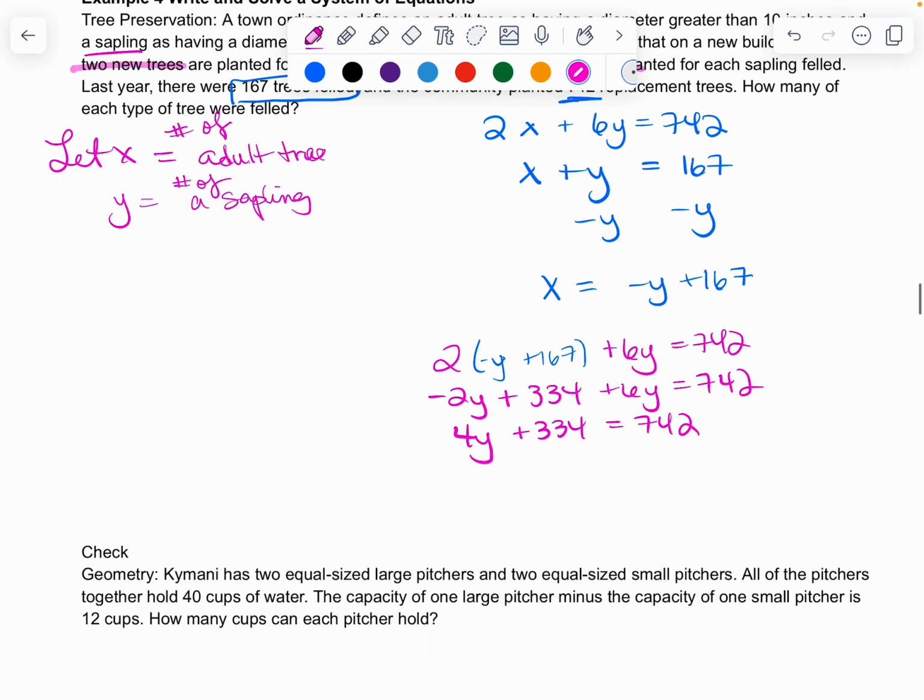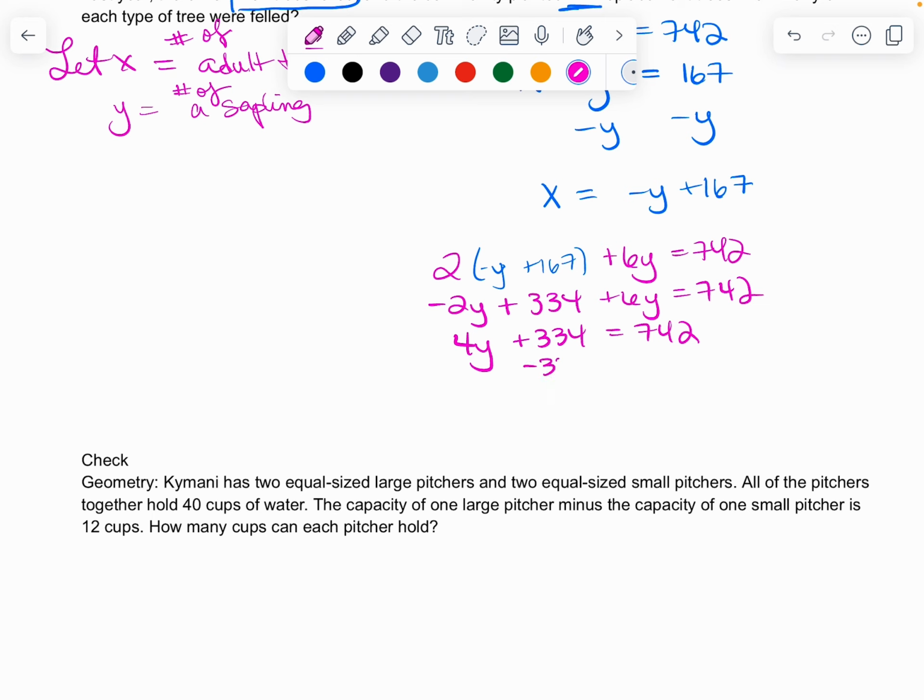Okay. Subtract 334 from both sides. And I'm going to get 4y, I don't know that, 742 minus 334, 408. Divide by 4, divide by 4. I get y equals 102.